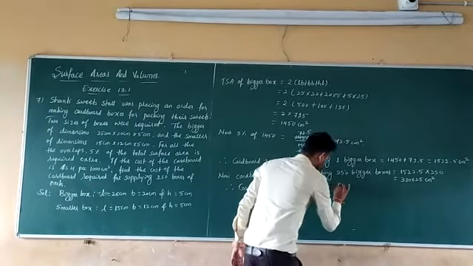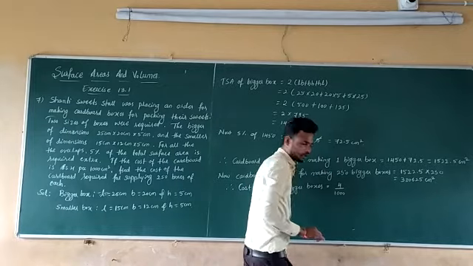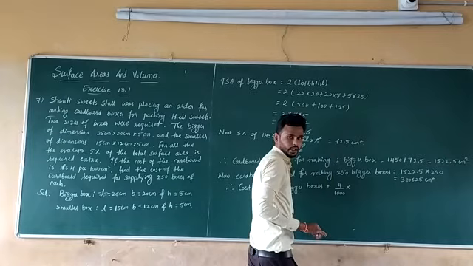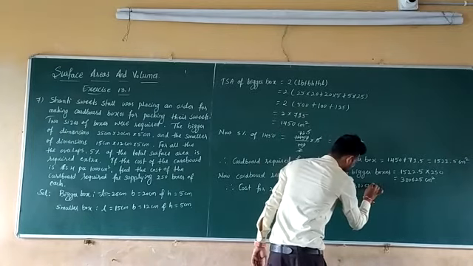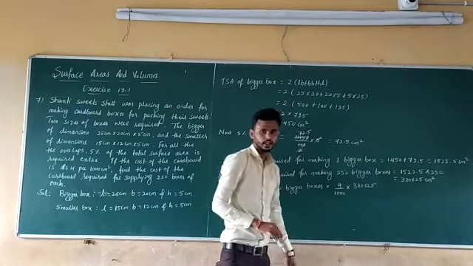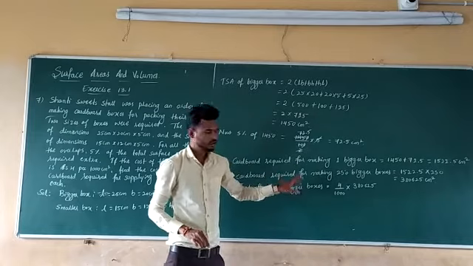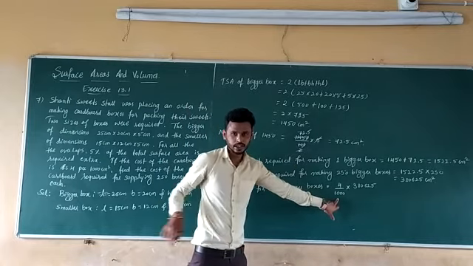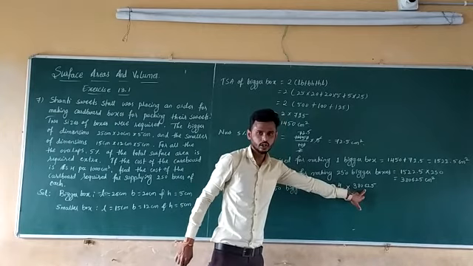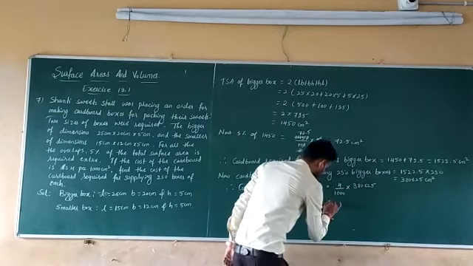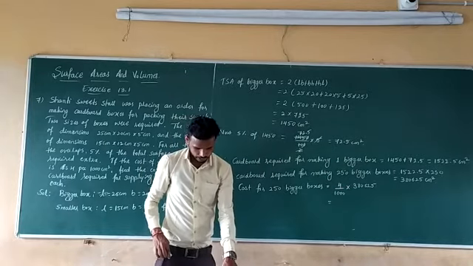So 4 rupees per 1000 centimeter square. Now what do we need for 3,80,625 centimeter square? It will cost how much? Per means divided by. So we need to multiply 4 into 3,80,625.